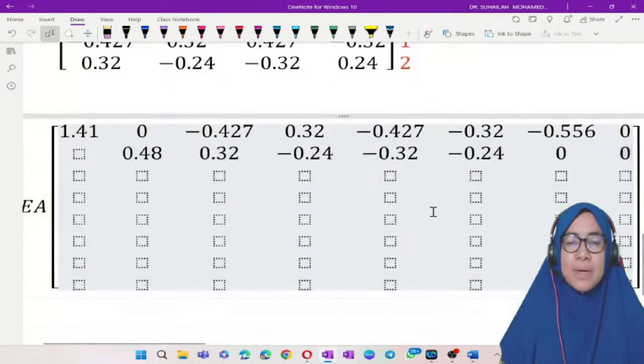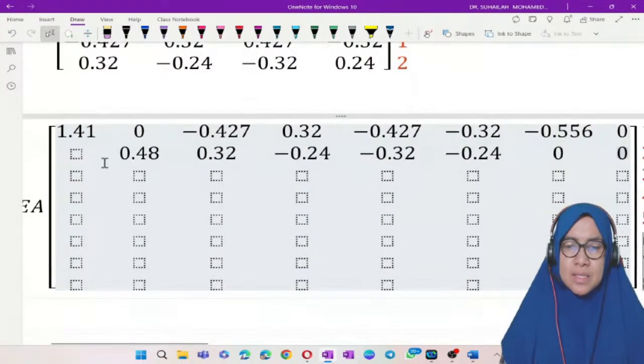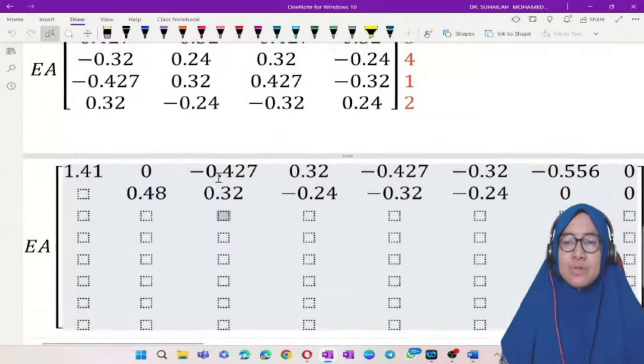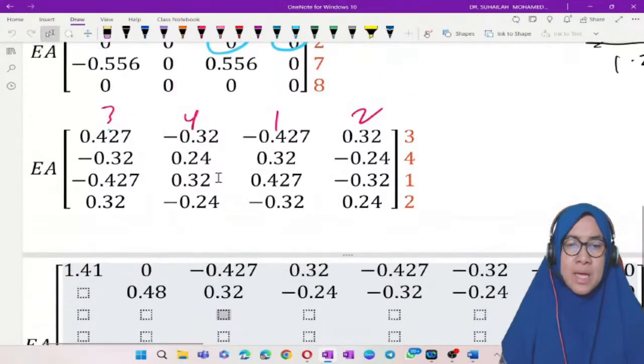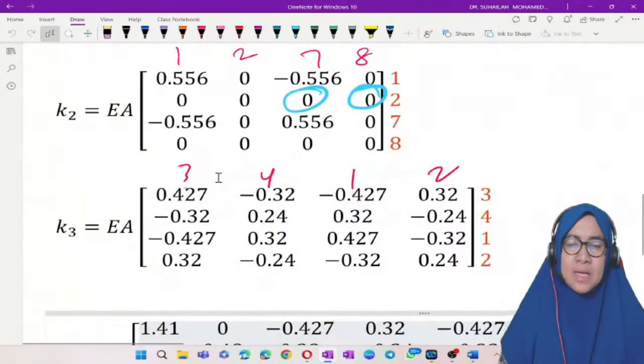So for line number 3, since it is a symmetric matrix, we should start at position 3,3. Position 3,3 is inside K3.